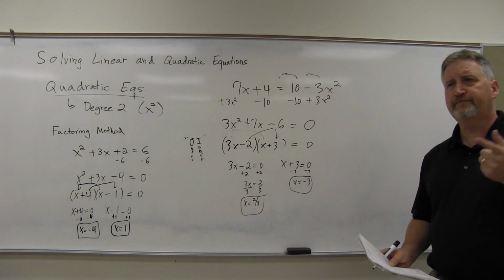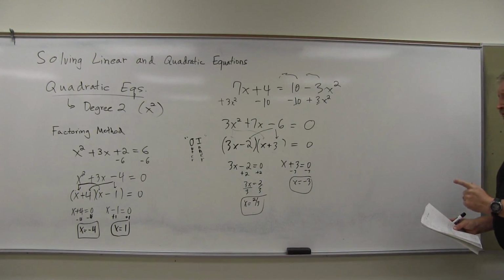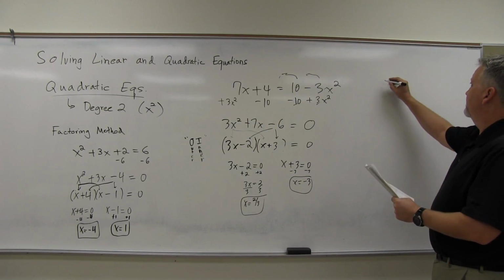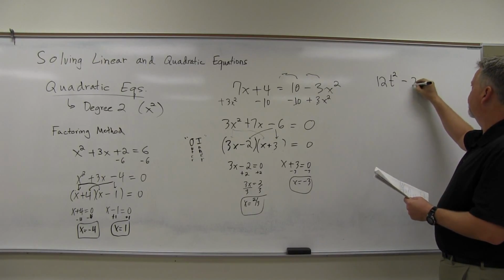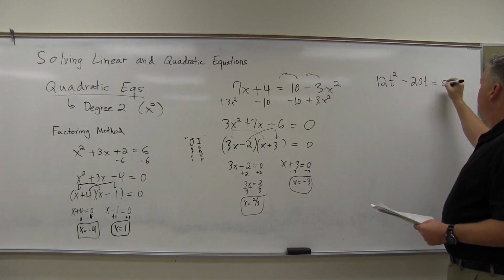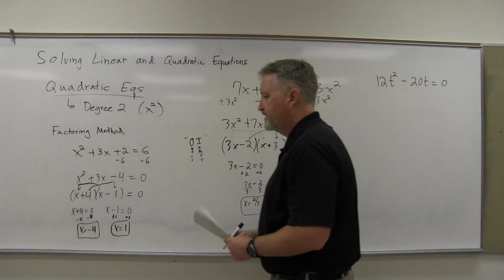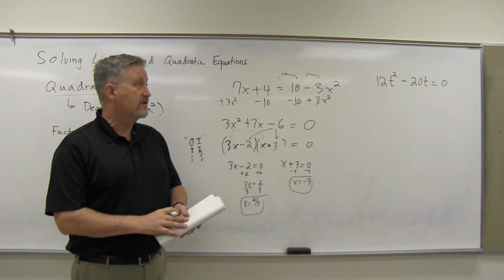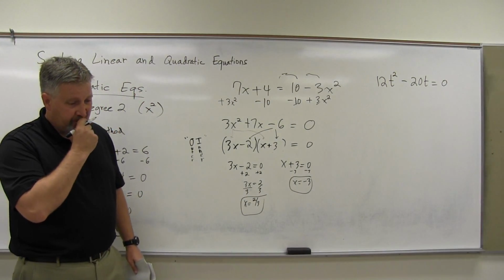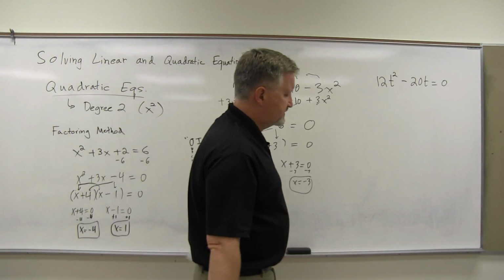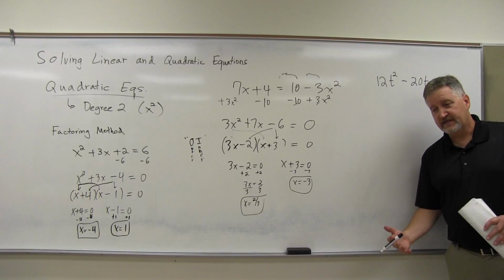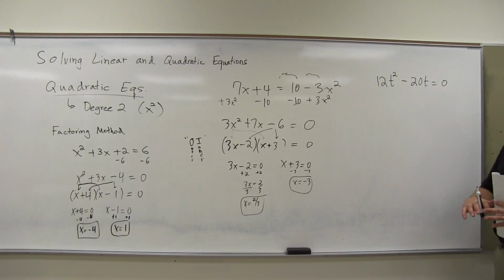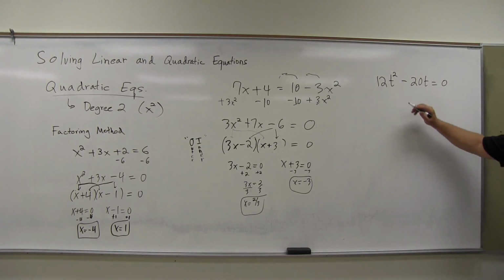This is an important one too, because a lot of times we will have what we have in the number 3 example of quadratics, and that is 12t squared minus 20t equals 0. For one thing, it has fewer terms, but that doesn't really have anything to do with it.